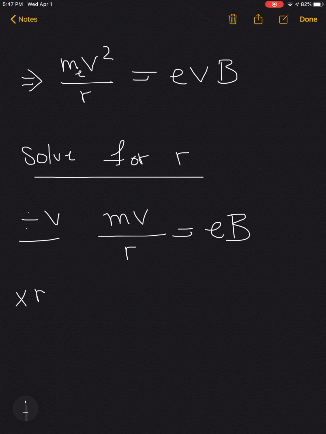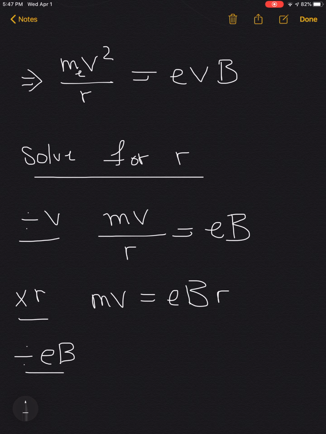Multiply by r on both sides, you get mv is equal to e B times r. Now divide by whatever multiplies r to get it by itself. Divide by e times B, and you get r is equal to mv, that's the momentum of the particle, divided by e times B.